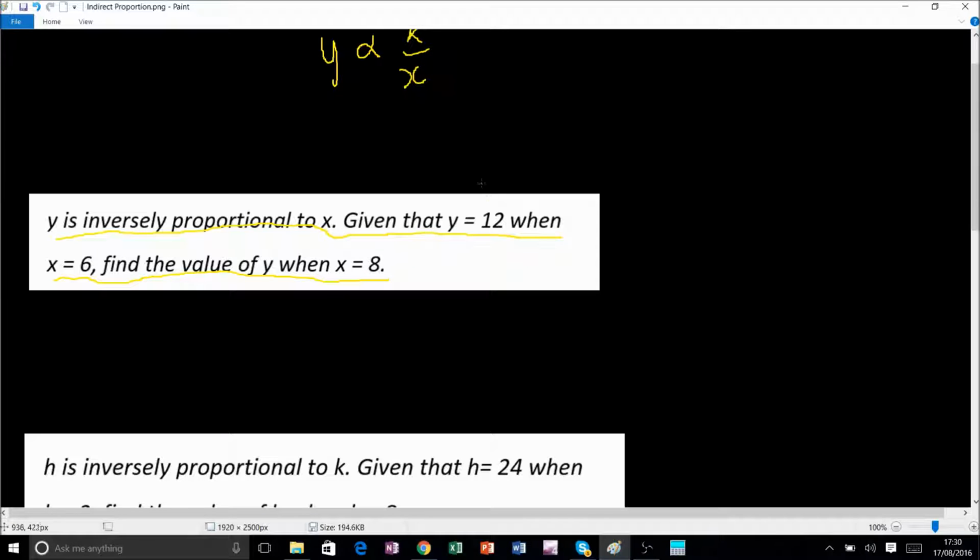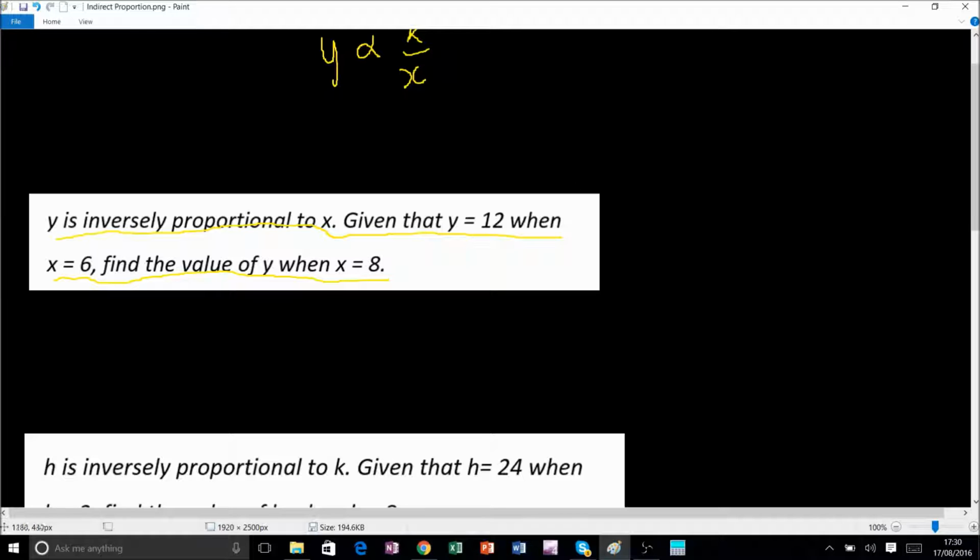The first thing we want to do whenever we have these sorts of problems is find the value of our proportionality constant first. They've given us some information: y is equal to 12 when x is equal to 6.